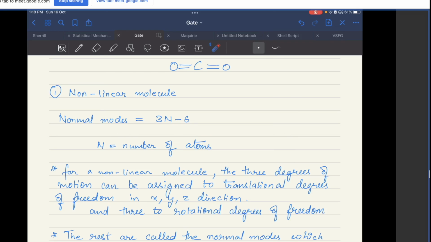Okay. Now coming to the non-linear molecule, for any non-linear molecule, the number of normal modes will be 3n minus 6.